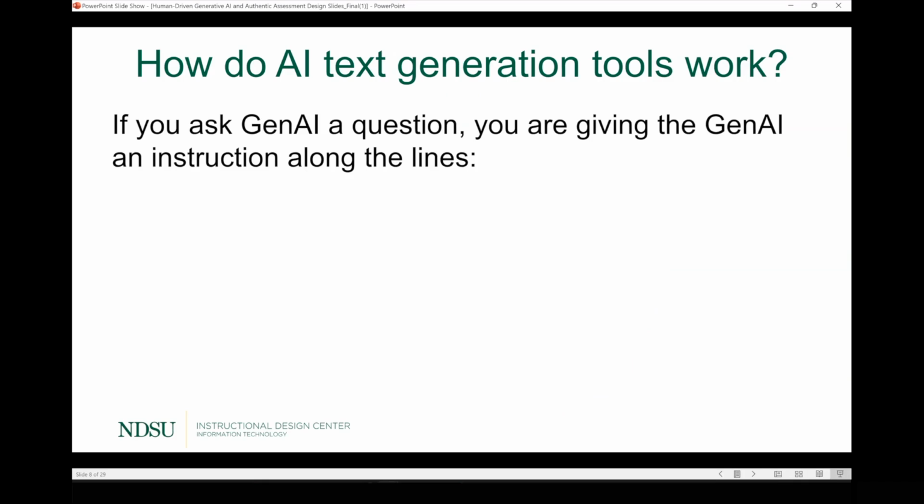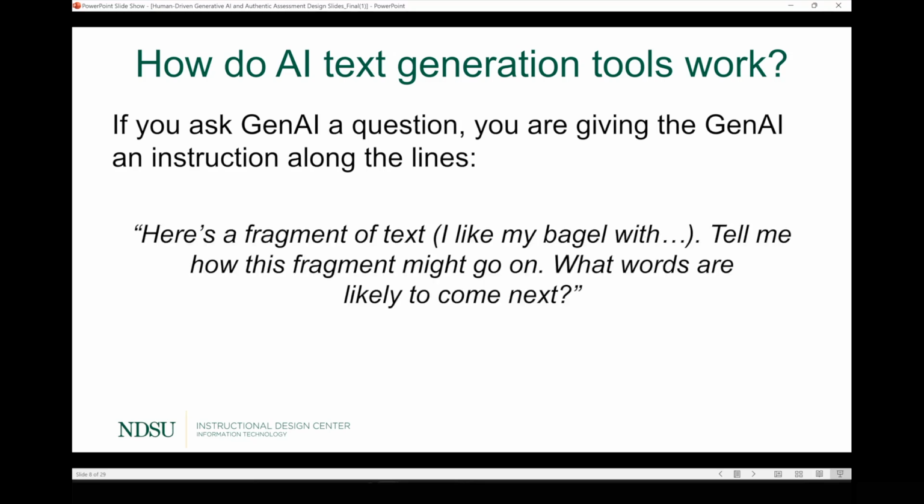So how does this tool really work? It's all about predictions. It is predicting the next word, looking at its entire database to predict what's going to come next. If you look at this text, say you have a fragment that says, "I like my bagel with," it goes to the web and searches for the most common next word somebody else has used before.